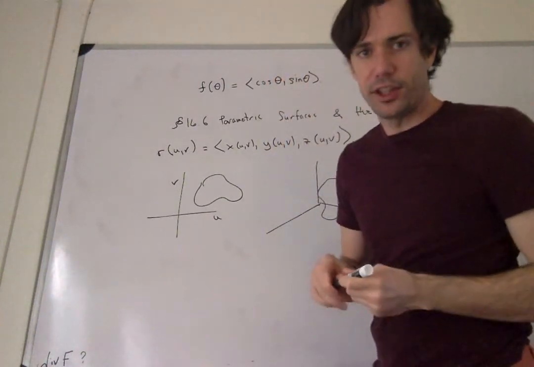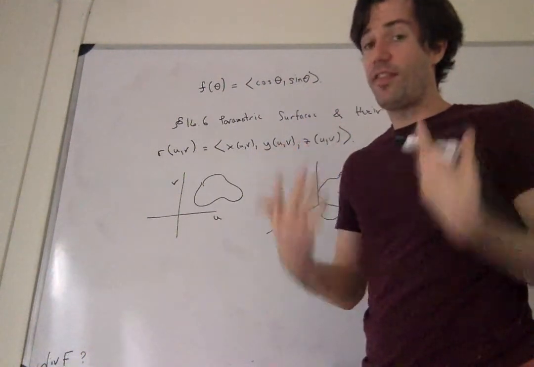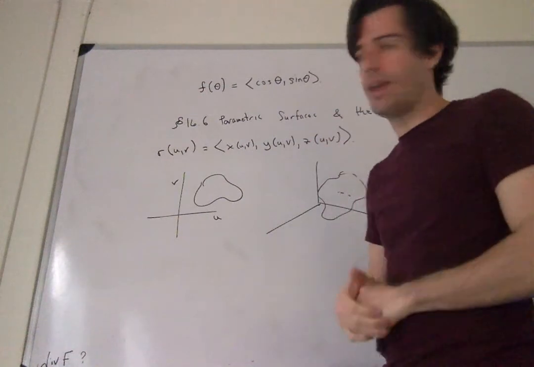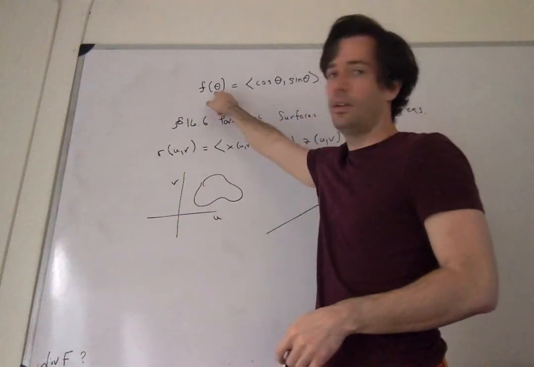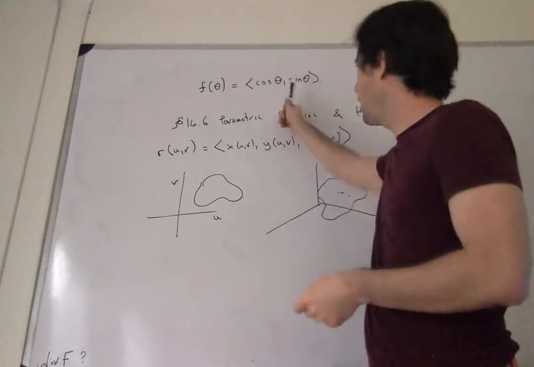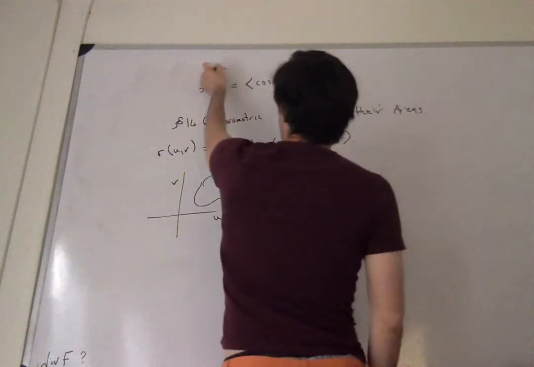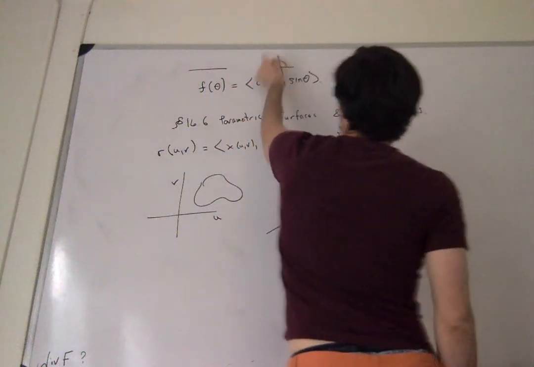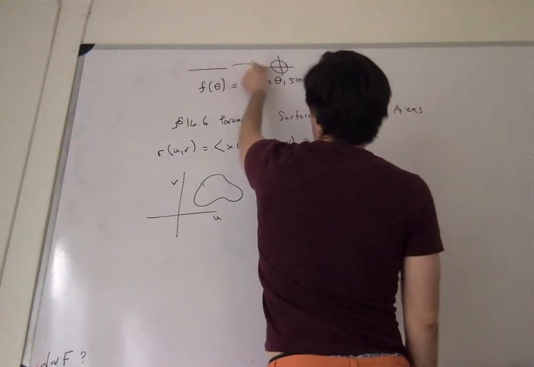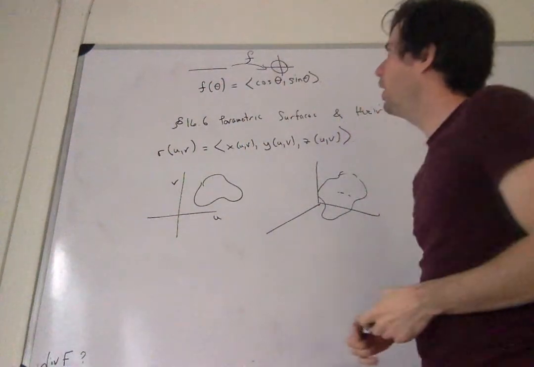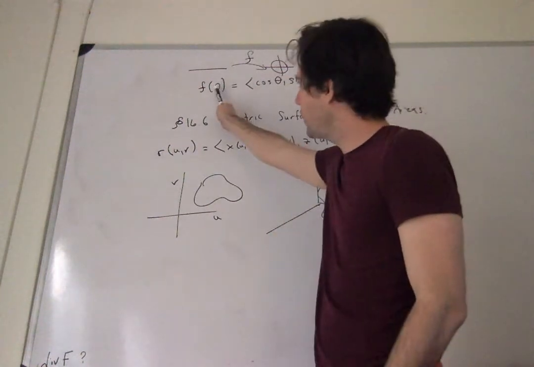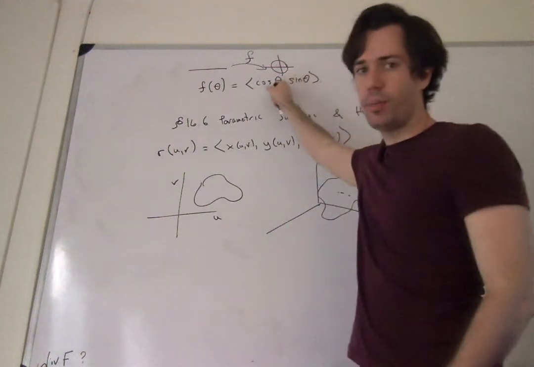I wrote that as a vector in two-dimensional space. So we went from theta, which is varying from 0 to 2 pi, and so this is going to go from a line to a circle, right? And the function that connects them, I'm calling f. Okay, so this is a type of parameterization where if you give me a theta, I'll give you a spot on the circle.